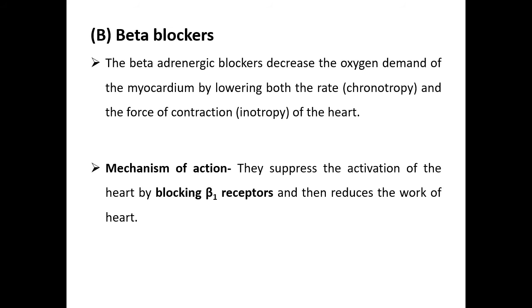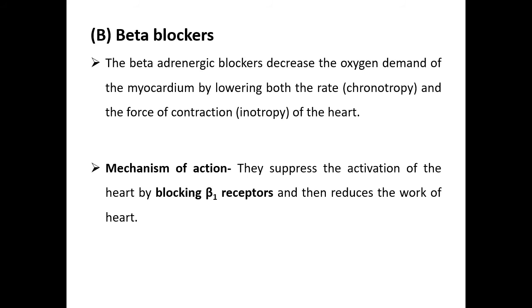Basically three beta blockers are used in this category: propranolol, metoprolol, and atenolol. Propranolol is less used because it is a non-selective beta blocker, and it can also cause spasm of bronchial smooth muscle. That's why it is contraindicated in COPD and asthma. Metoprolol and atenolol are specifically used, but at higher doses, all are non-selective beta blockers.